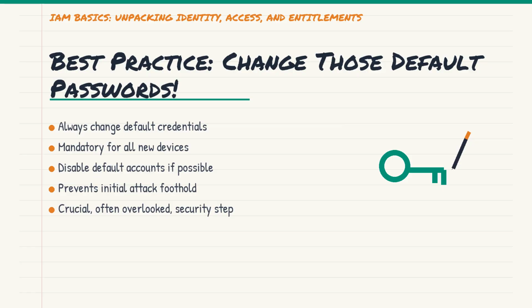If possible, disable default accounts entirely once a custom, more secure account is created. This simple step would have completely prevented the initial foothold in Tech Innovations Inc.'s network. It sounds obvious, but it's overlooked far too often, and attackers rely on it. Strong, unique credentials for every identity are paramount.